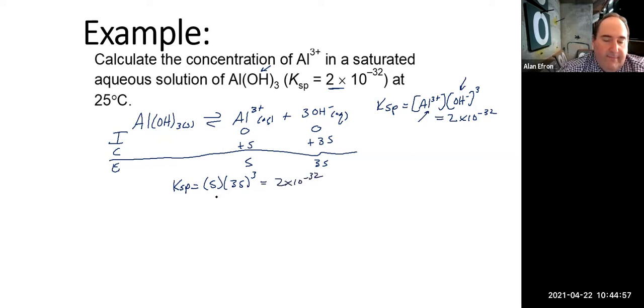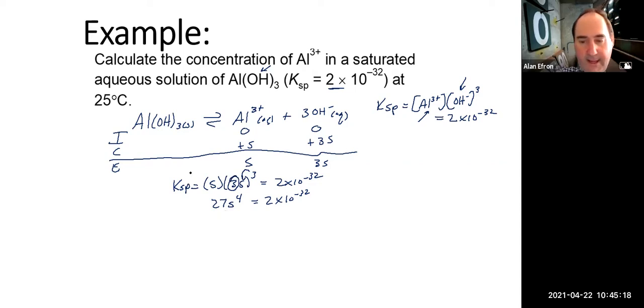That is going to give us 27 S to the 4th is equal to 2 times 10 to the minus 32. I will say is a very common move that people cube the S, but forget to cube the 3. So remember, that's how we get the 27. 3 times 3 is 9, and 9 times 3 is 27. So you got to make sure, don't forget to cube the number. That's a very common mistake that people make.